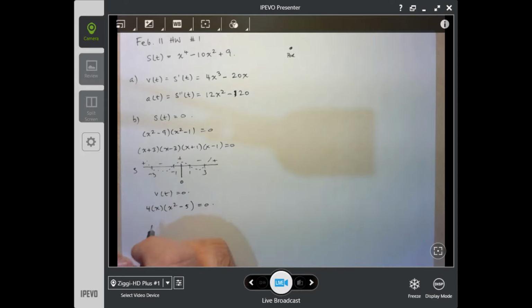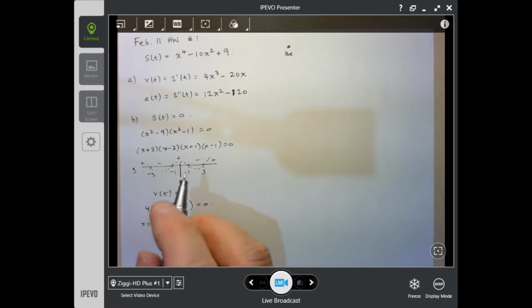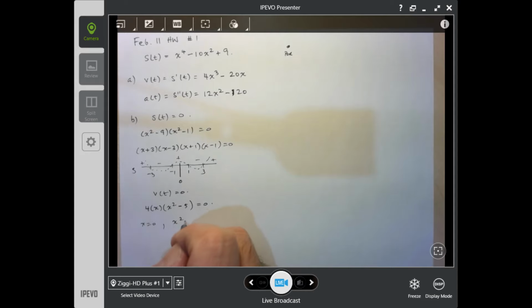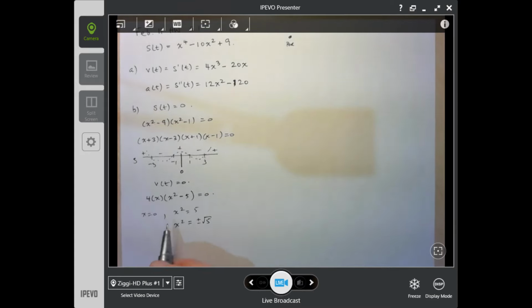Okay, so here, x equals 0. We know there's going to be an x-intercept. Okay, and here I have x squared minus 5 equals 0. So in other words, x squared is equal to 5, and x is equal to plus or minus root 5. Now I know I'm not going to be interested in the minus root 5, but it will be helpful to sketch my number line here.